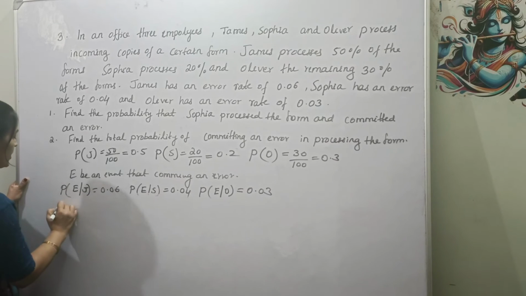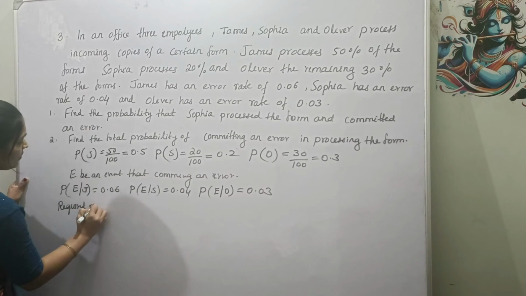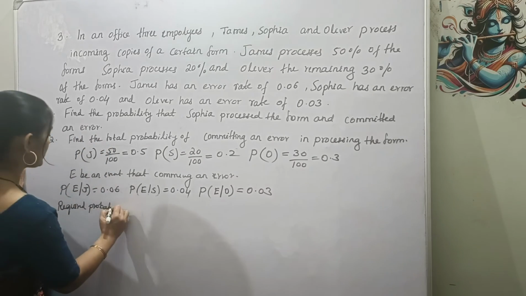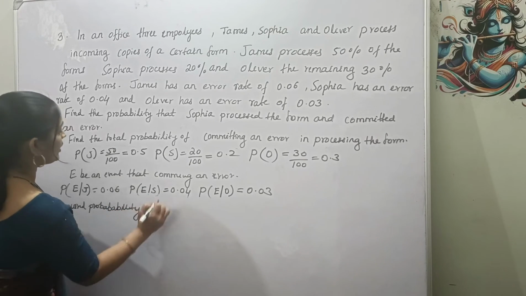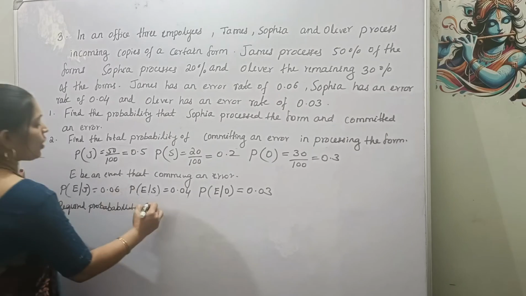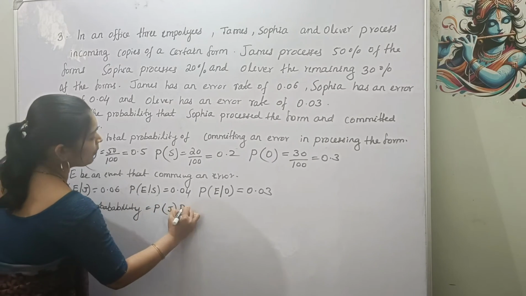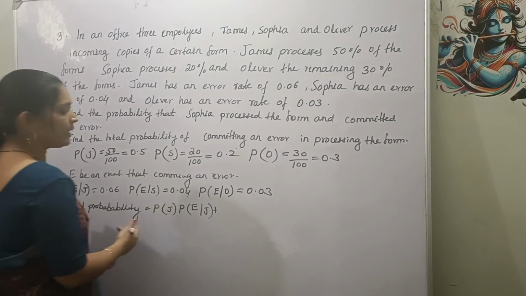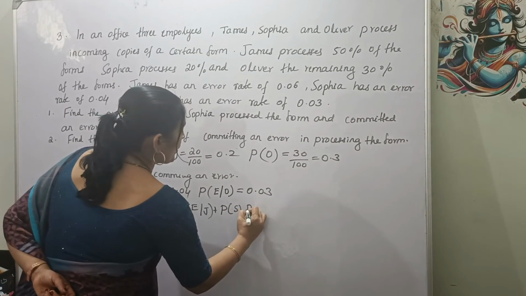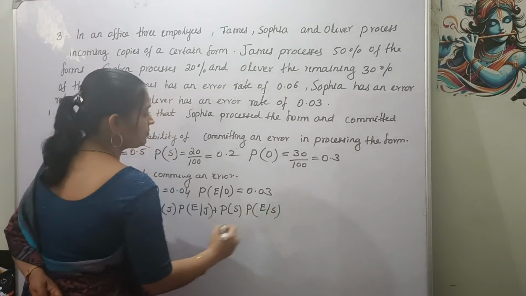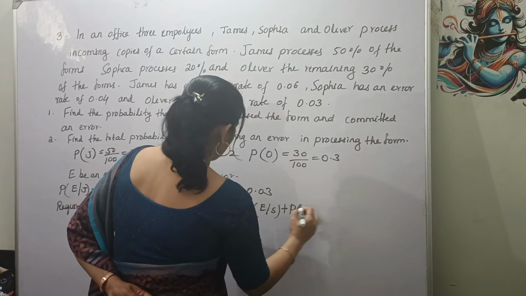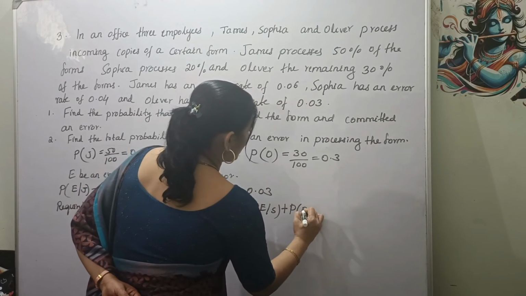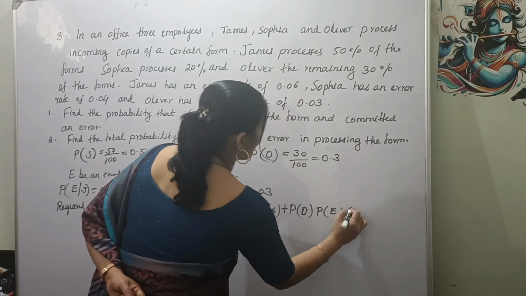The required probability is equal to probability of J into probability of E given J, plus probability of S into probability of E given S, plus probability of O into probability of E given O.